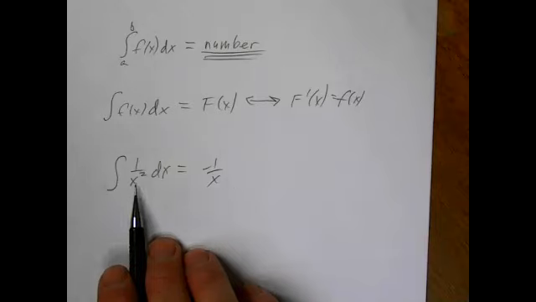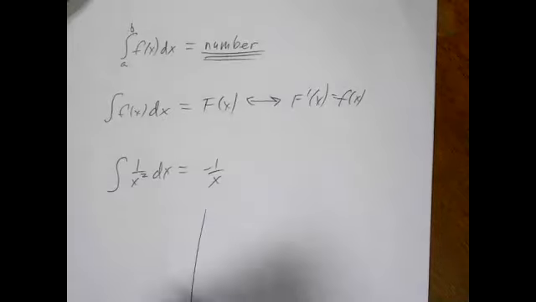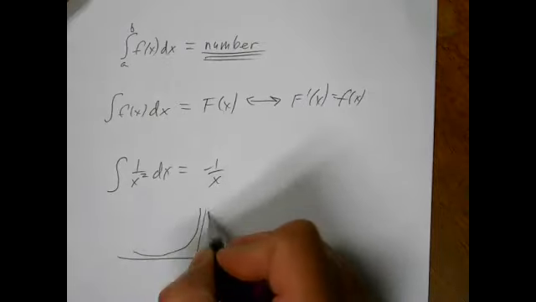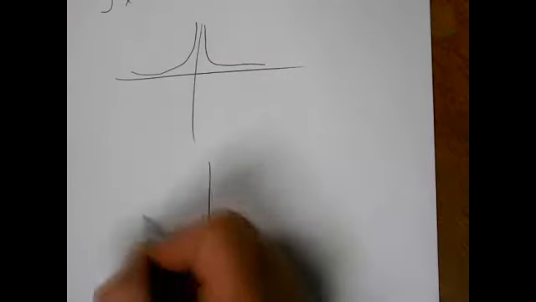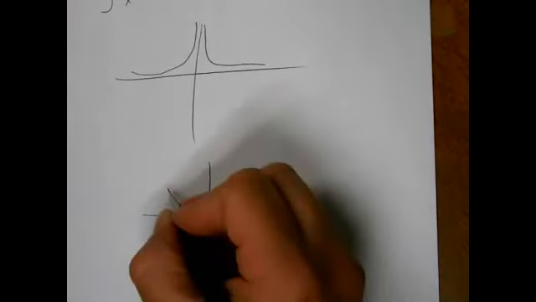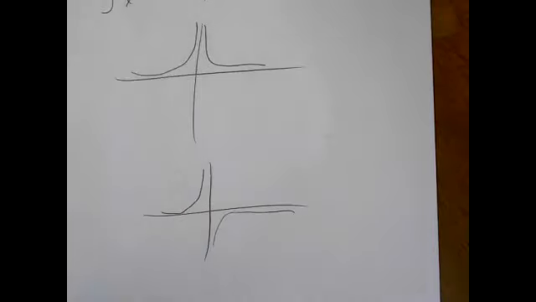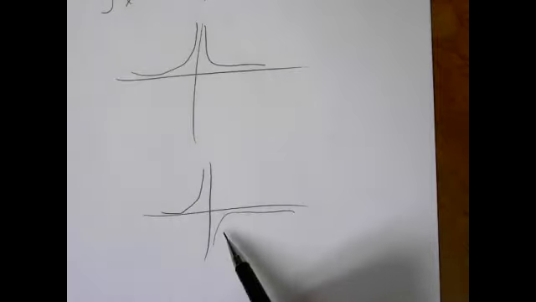Also, if you were to sketch 1 over x squared versus sketching negative 1 over x, what you'll see is that the behavior is different on the left-hand side versus the right-hand side of 0.